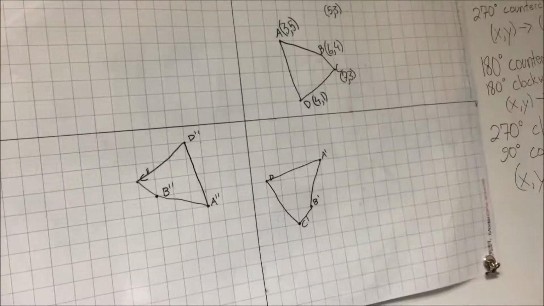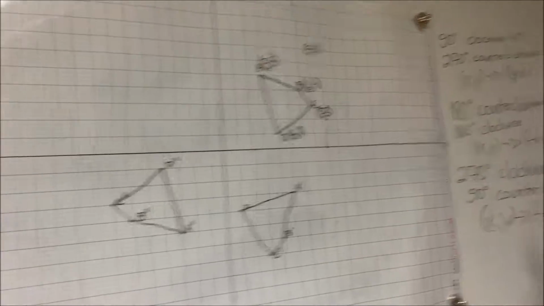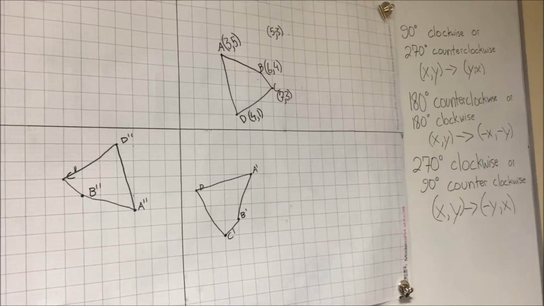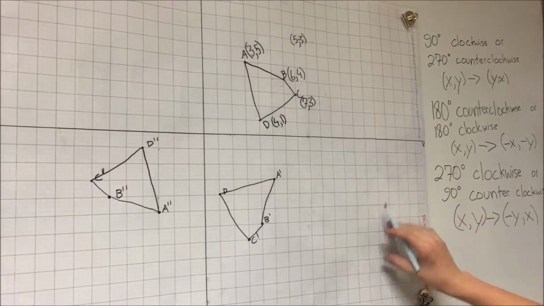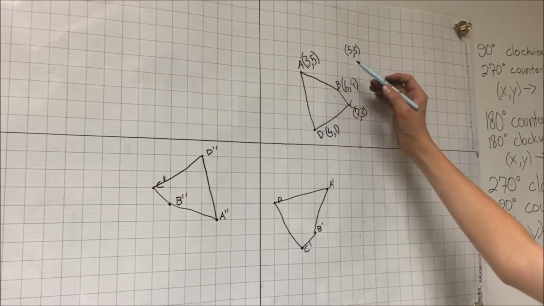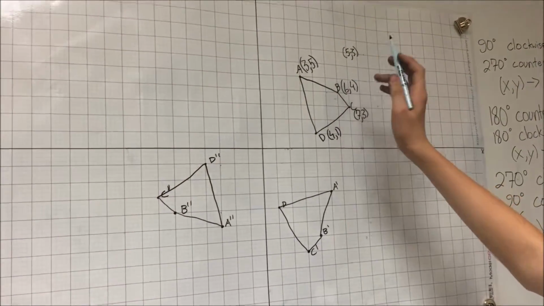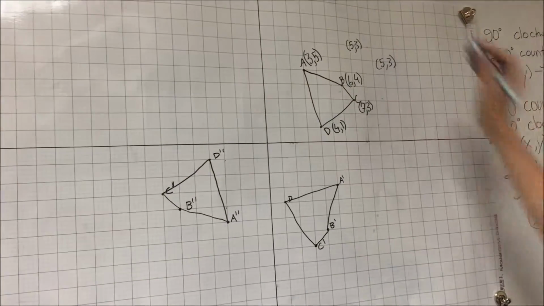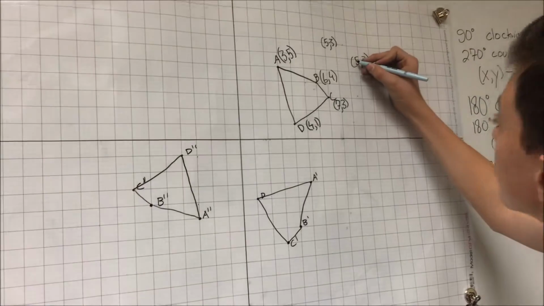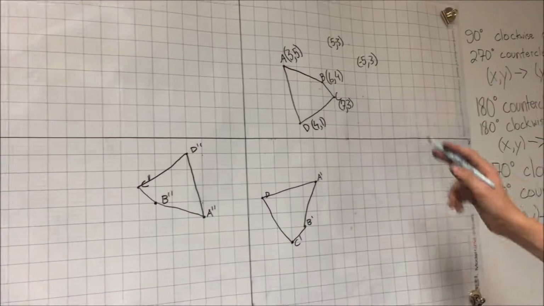And now we're going to do 270 degrees clockwise or 90 degrees counterclockwise. So you're going to flip them and make the first coordinate negative. So you flip these, which is 5, 3, and then you make the 5 negative, which is now your x coordinate.